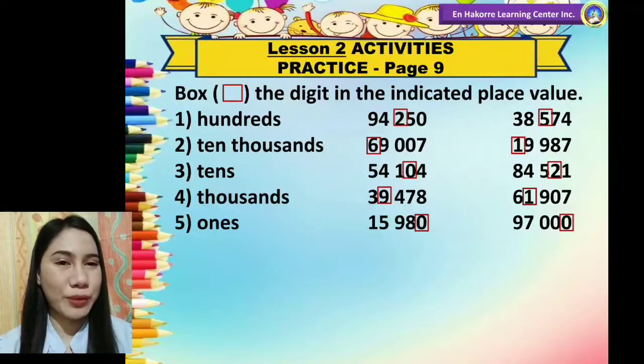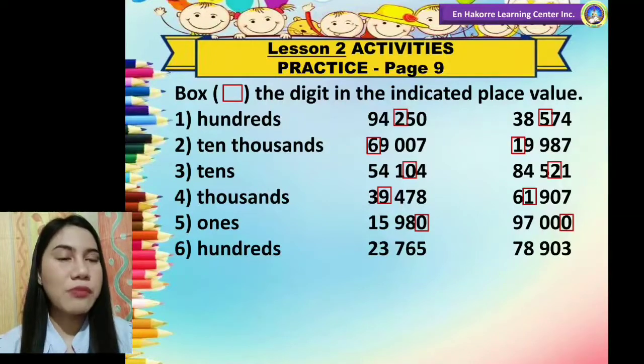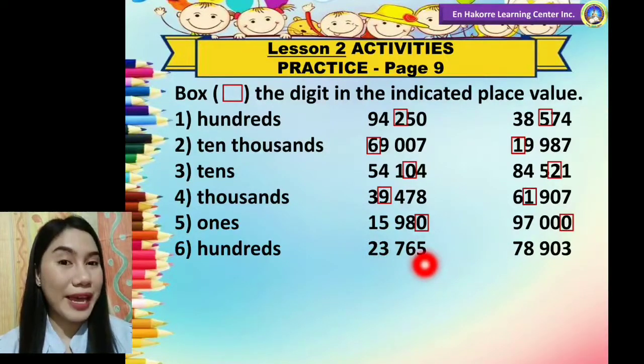Number 6, you also have there 2 examples of numbers, and we are trying to look again for the hundreds place. All you have to do is to count from right to left for the place value. Ones, tens, hundreds.